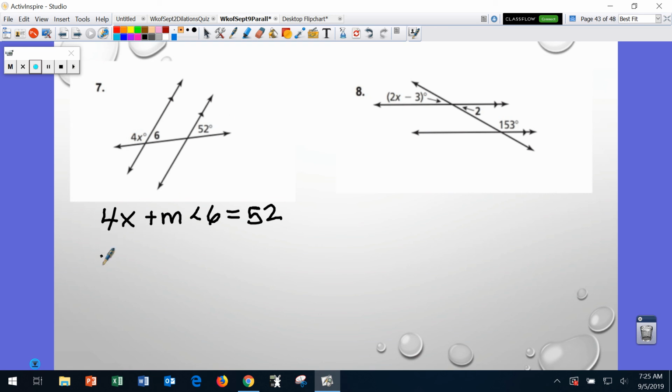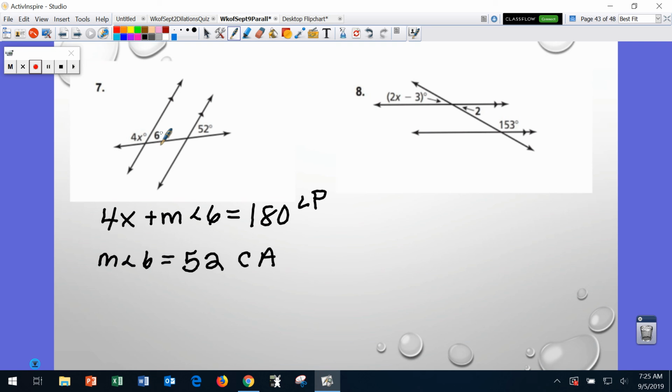So I know that the measure of angle 6 is equal to 52, and these two do not add to equal 52. They actually add to equal 180. That's called a linear pair. My bad. All right, so the measure of angle 6 equals 52, and that's called the corresponding angle.